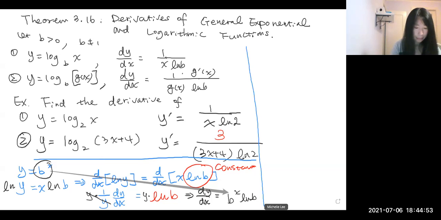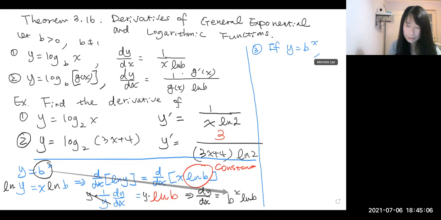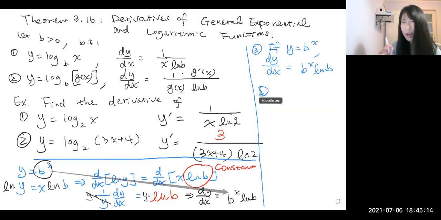So if y equals b to the x power, then we do the derivative. Then we get b to the x, ln b, right? Okay, but we don't always have a nice function like this. We have a composite function, more than one function.